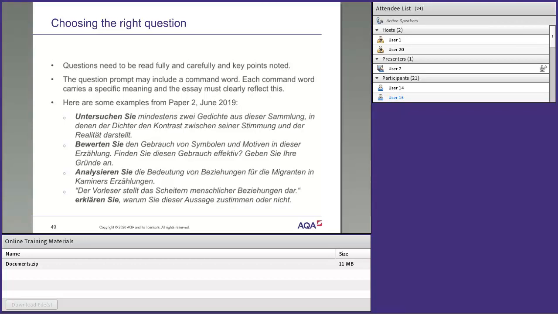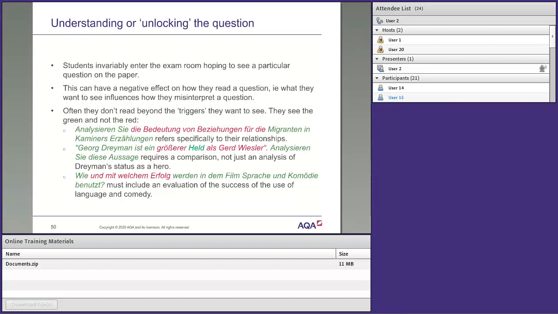So you've got untersuchen Sie, bewerten, analysieren, erklären, and it's worthwhile going through those with students, not just for the book and the texts that you're actually studying, but from all of them, to look at the types of questions that they could get asked. For all the books and all the texts that are on the papers, just go through those and make sure that they are absolutely familiar with what they actually mean and what the question requires.